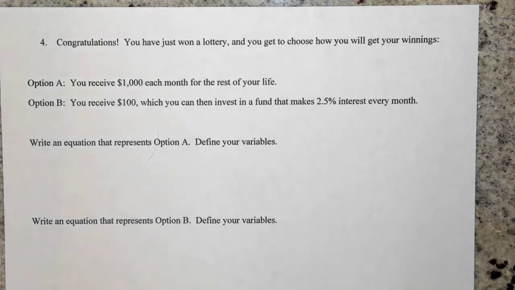So let's see here. Congratulations, you just won a lottery, and you get to choose how you're going to get your winnings. So we have two options. Option A is you're going to receive $1,000 each month for the rest of your life. Or B, you're going to receive $100, which you can then invest in a fund that makes 2.5% interest every month.